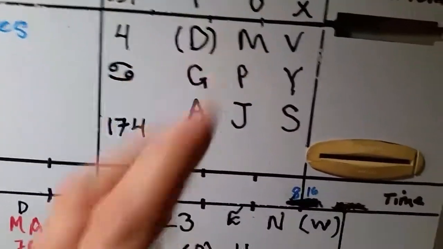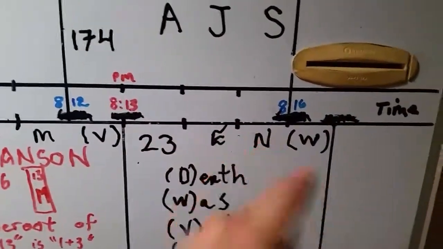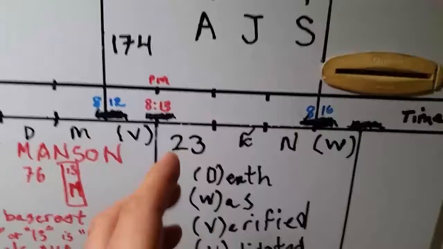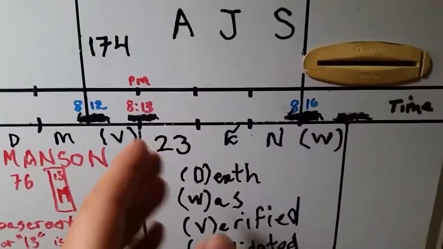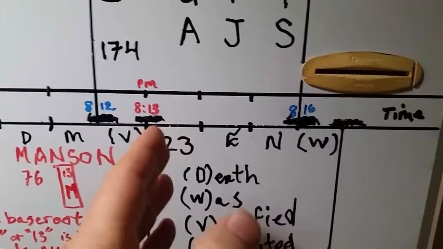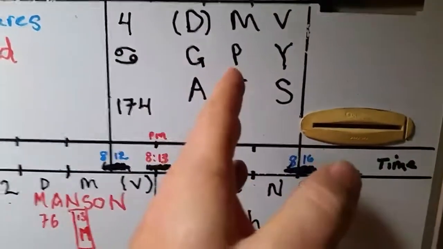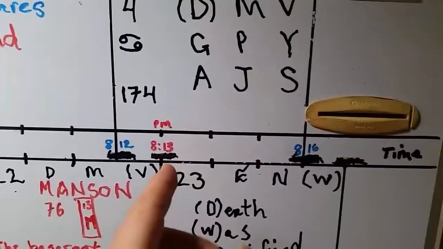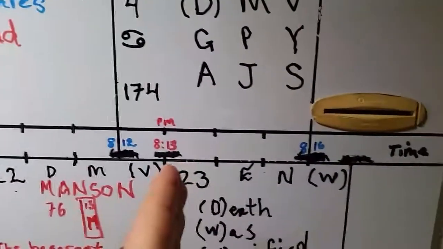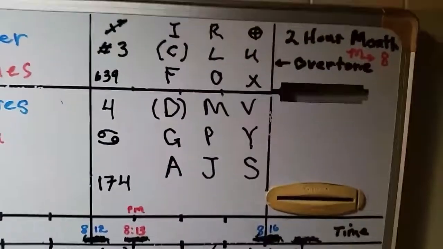So on this scale, these material world days, equivalent to the Gregorian calendar days, are offset by a minute. Okay, so 812 begins the spiritual, 813 begins the material. Hopefully that makes sense to you.